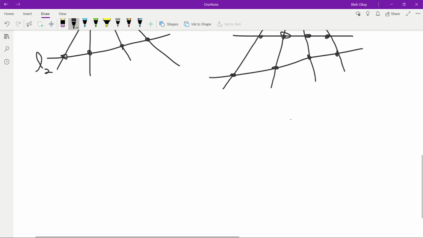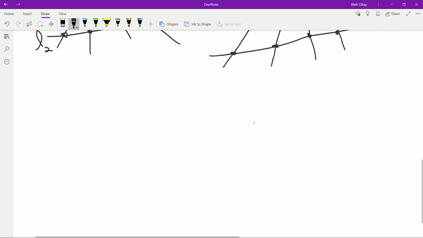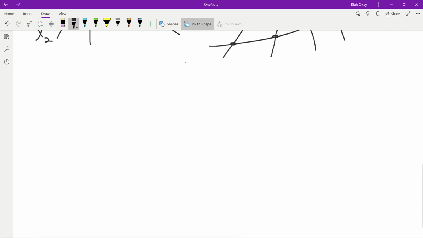Now, another thing that I'll note here, but I won't prove, is if we have a circle, actually I'll note two things, but here's the first.